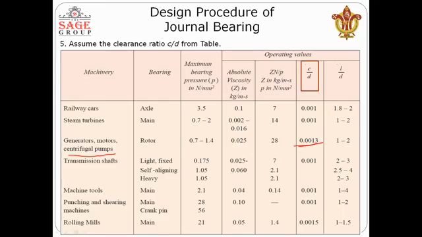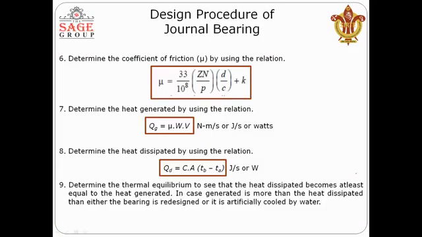The values of L upon D are generally between 1.8 to 2. Only one value of L upon D is greater, 2.5 to 4, but still it is in the range of 2.8. If we select 2.8 for this range, the value of K is taken as 0.002. So maximum times the value of K is taken as 0.002.